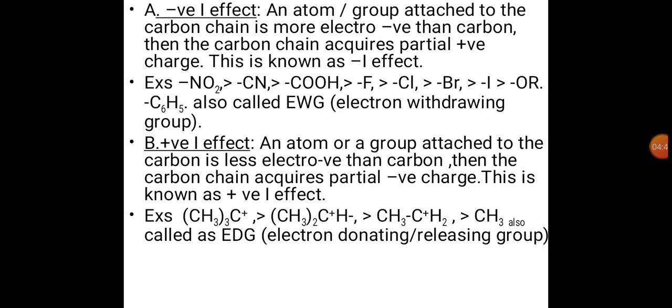Such an effect is known as positive inductive effect. The examples are a tertiary carbon atom, which is greater than a secondary carbon atom, which is greater than a primary carbon atom, which is greater than a methyl group. And these groups are also called electron donating or electron releasing groups.